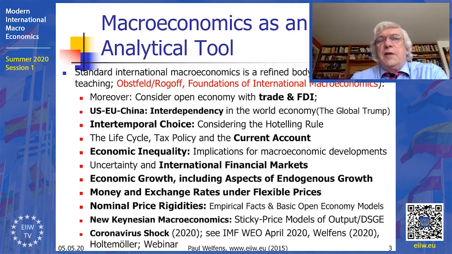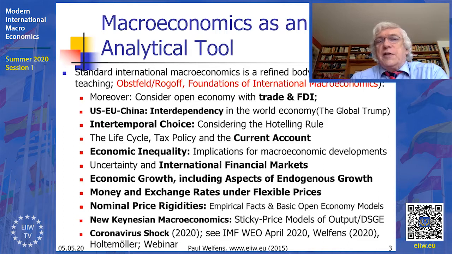Obviously, one key aspect is that the US adopts, for instance, under President Trump, a protectionist trade policy vis-a-vis China. This will have a negative effect on real GDP in China.